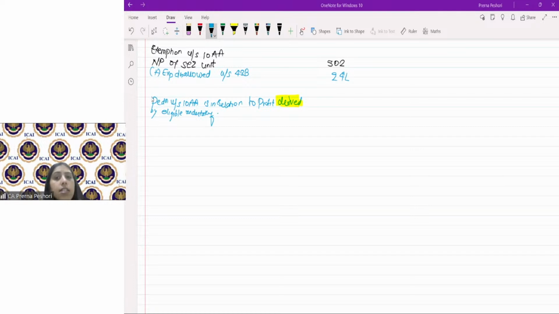These incentives are not profits which are derived from the eligible business. These are the ancillary profits of the undertaking. See, in the case of subsidy, the subsidy is given to reimburse the cost incurred by the assessee for manufacturing. So there's a direct relation between the profit and gains and the receipt.